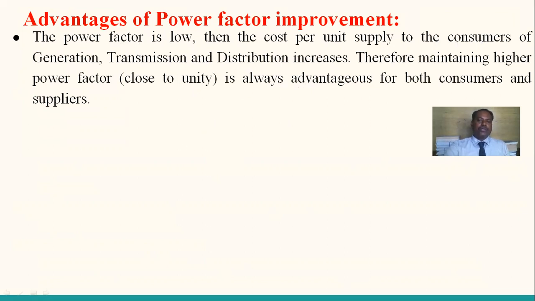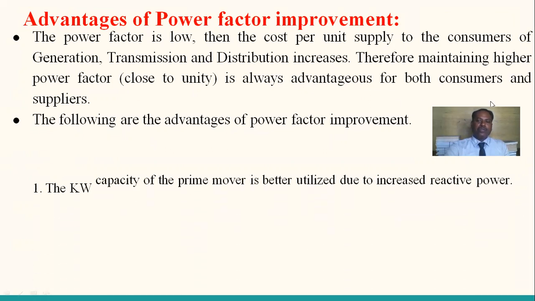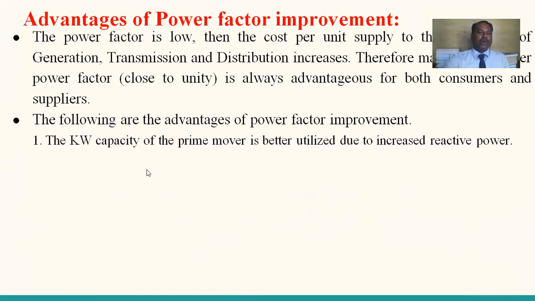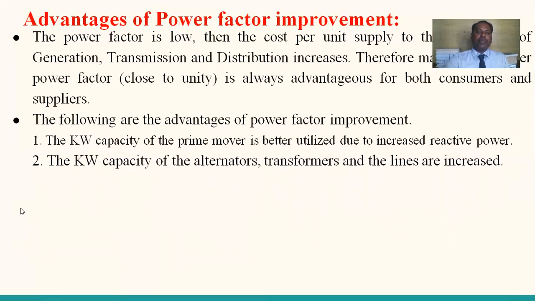And also, what are the various advantages? The following are the advantages of power factor improvement. The first one, the kilowatt capacity of the prime mover is better utilized. So cos phi is increasing, in the sense VI cos phi also increases. So the kilowatt capacity of the alternators, transformers, and lines is increased.